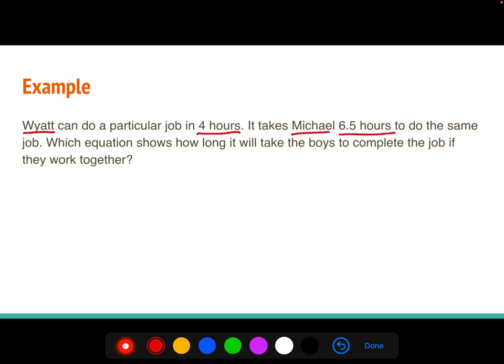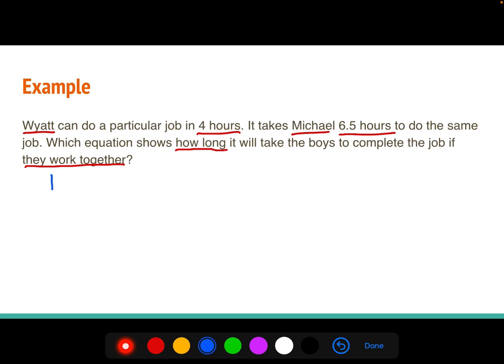All right, let's try another example. Wyatt can do a job in 4 hours. Michael takes 6.5 hours to do the same job. Maybe it's painting a house or fixing a car, or mowing grass. Which equation shows how long it will take the boys to complete the job if they work together?